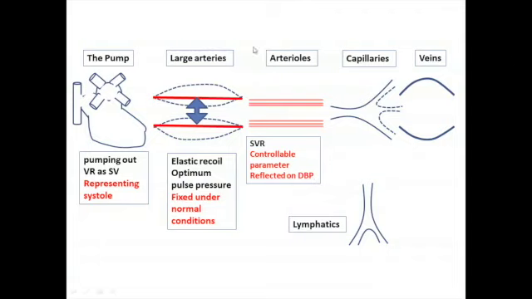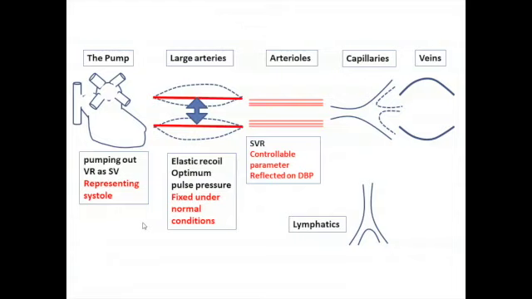Now we have a conclusion that the systolic pressure of the heart is reflecting mainly venous return or stroke volume, and also how powerful the heart is to contract and create the systolic pressure. If the heart is weak and cannot contract, then the systole will be low.